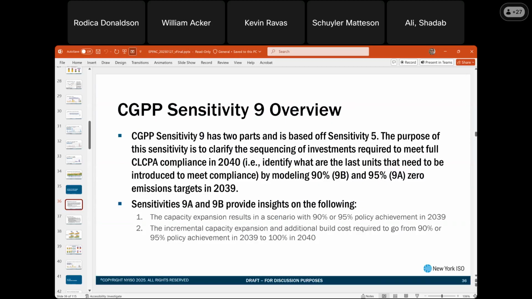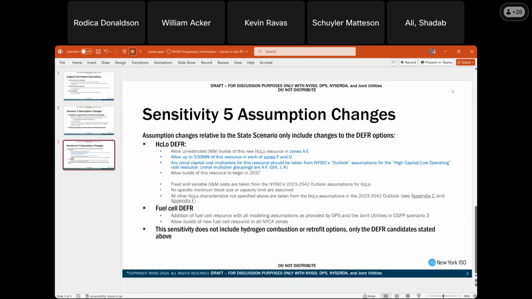I know there are lots of sensitivities to piece together at this point, but what sensitivity 5 had was the state scenario, but it included different defer options.